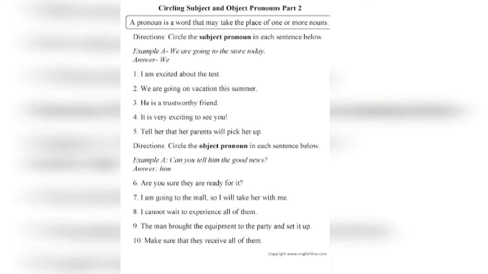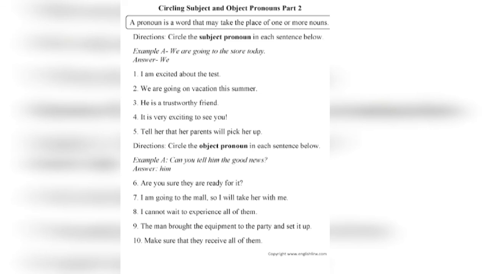Let us begin. Number 1, I am excited about the test. Here, I is the pronoun used in place of my name, right? I should have written that Avni is excited about the test.